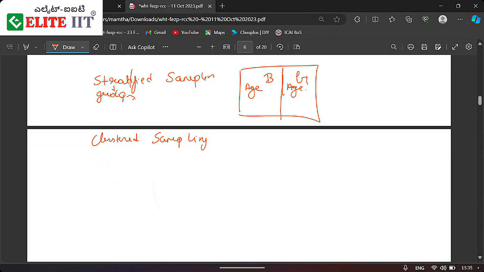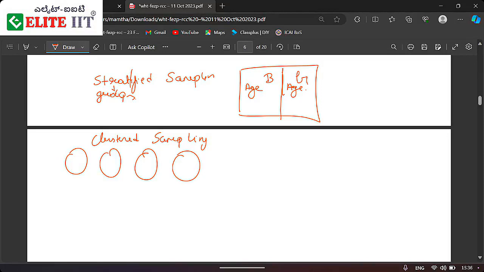Now you randomly select one entire group. You keep them in clusters and just select one cluster. So this is cluster sampling.